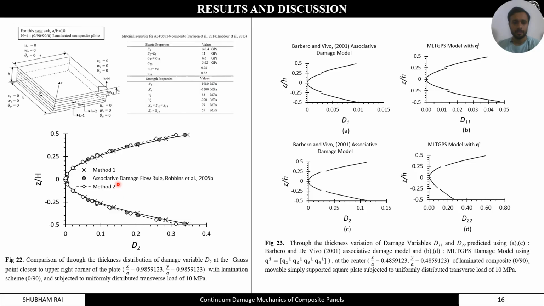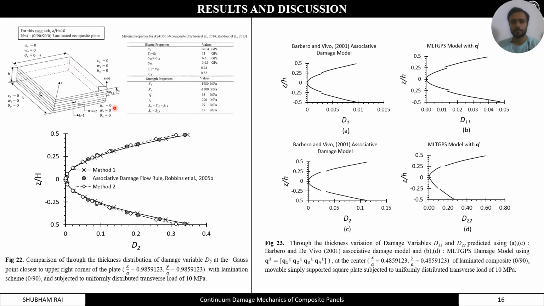So that's why we have solved the damage evolution equation using method 2, and it is predicting a slightly different value of damage variables because it is solved by consistently satisfying the loading criteria. This figure is the through the thickness distribution of damage variable 2 at the right corner of this plate.